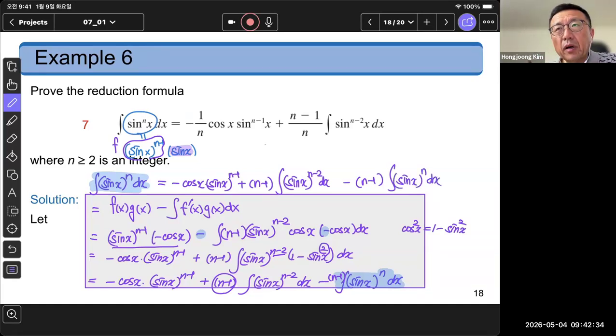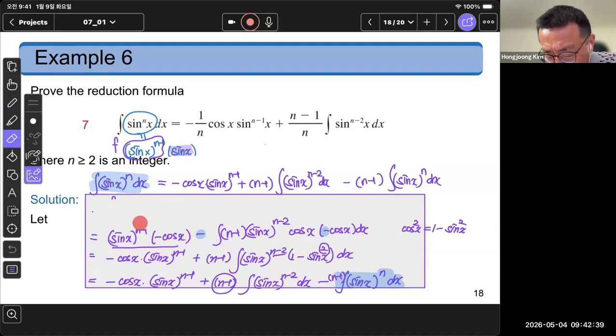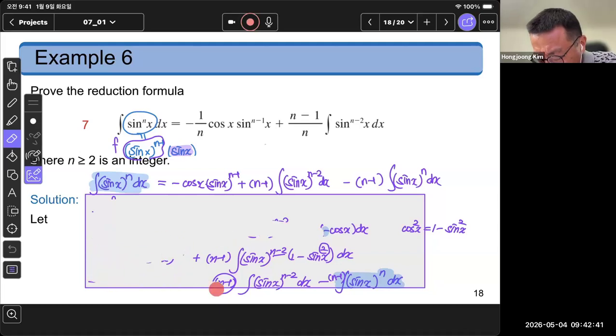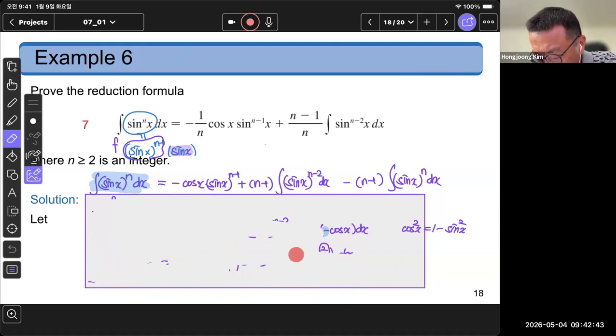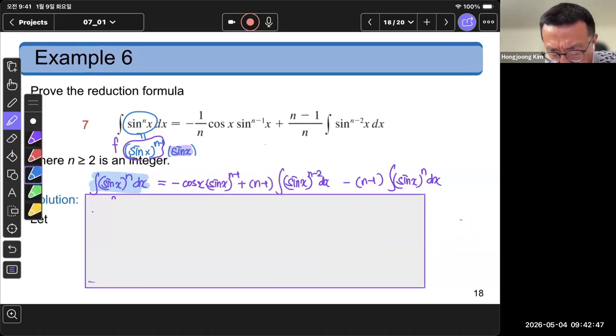That is the result of the integration by parts. So as I said, if I move this term to the left hand side, what do I get?